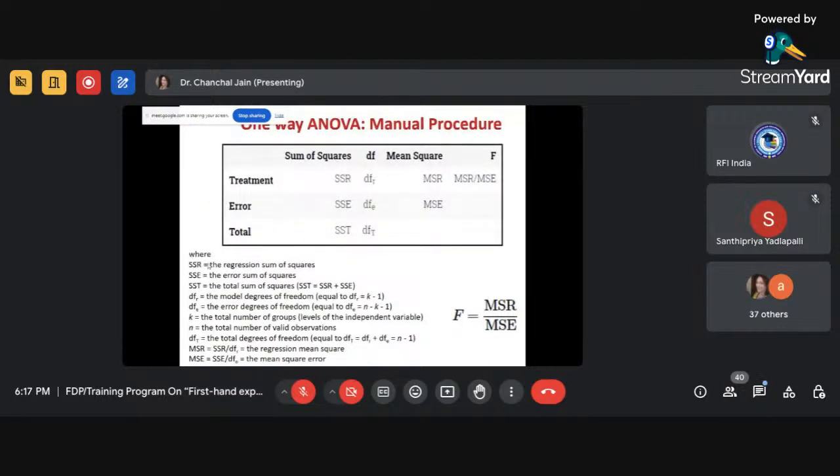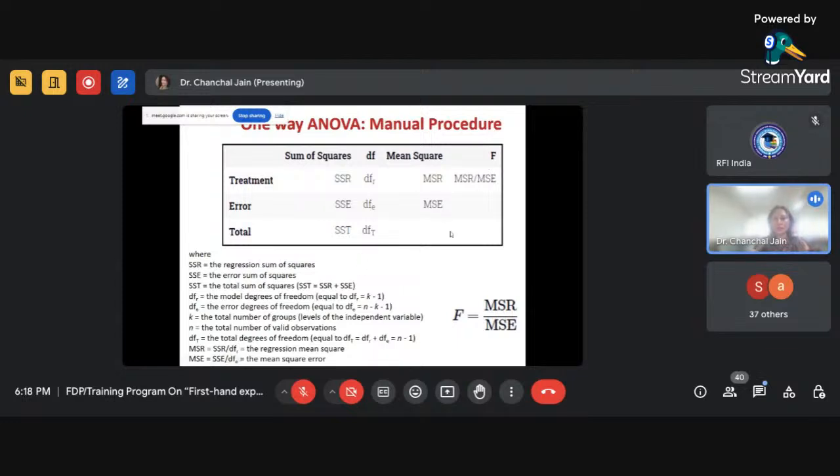So I think this is the depiction of the manual procedure. Almost the same table we will get when we talk about the output of the ANOVA using SPSS. Almost a similar kind of table you will get. You will get the sum of squares, the degrees of freedom, the mean square, the F value, and apart from that, you will have one more thing, that is the significance, the P value, right?